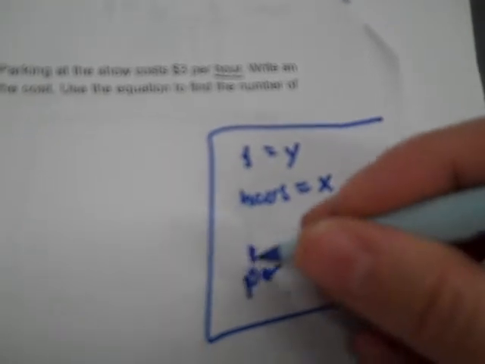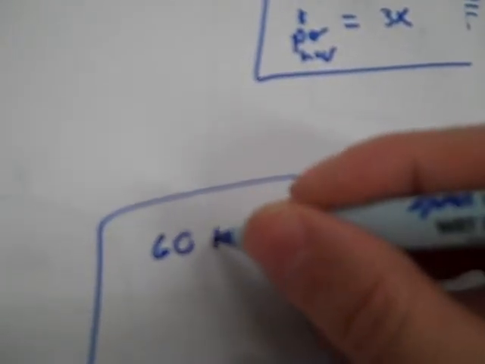Hours is that time unit, my x, money's y. So dollars per hour. Dollars per hour is 3, so 3x. Now before you started adding 3, you had 60 to begin with. Okay, so my equation is 60 plus 3x equals y.